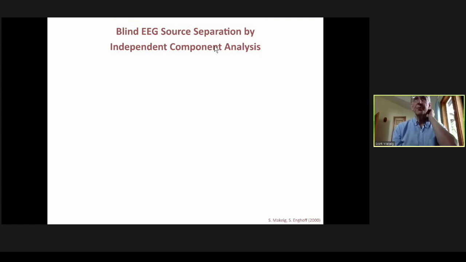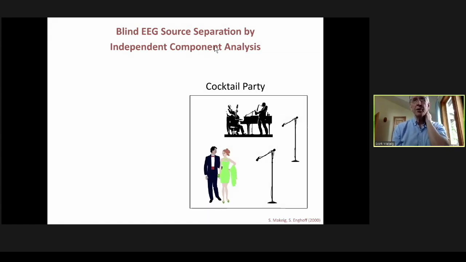So how to find those simple maps? That was 25 years ago, when I came across a paper by Tony Bell and Terry Sejnowski on the cocktail party problem. You have multiple sound sources and multiple microphones, each one recording cocktail party noise.